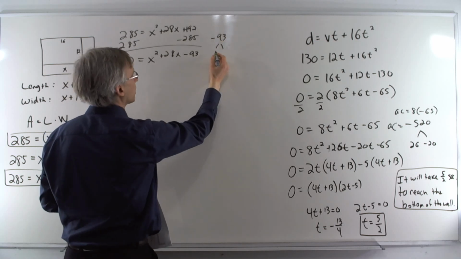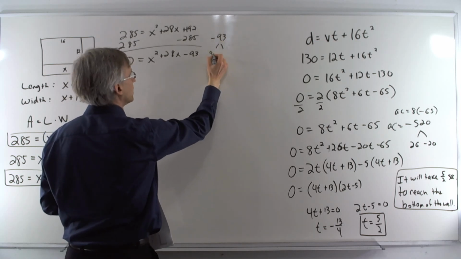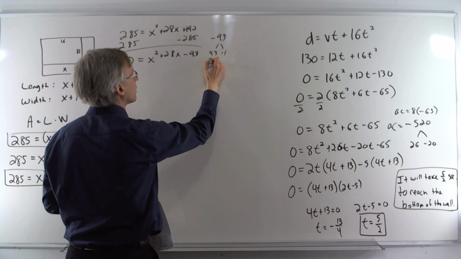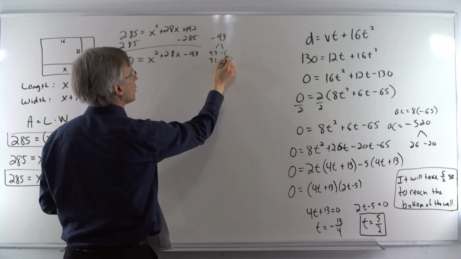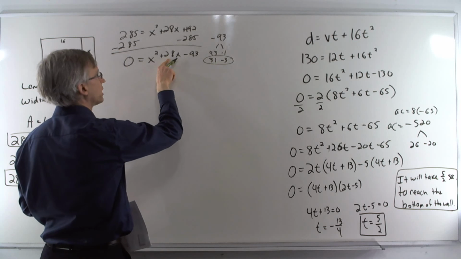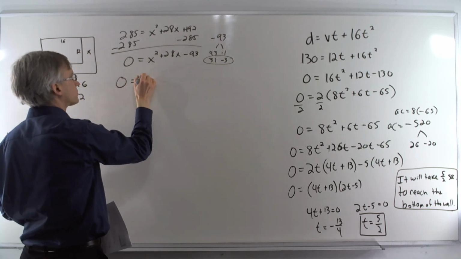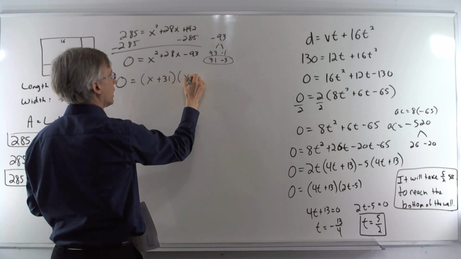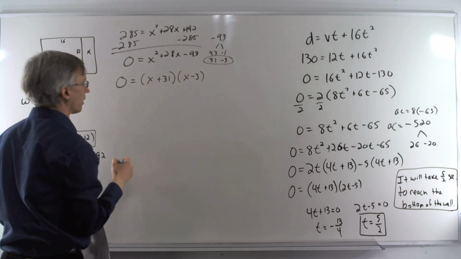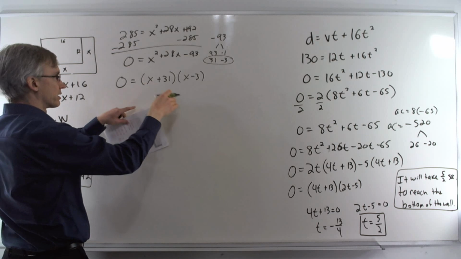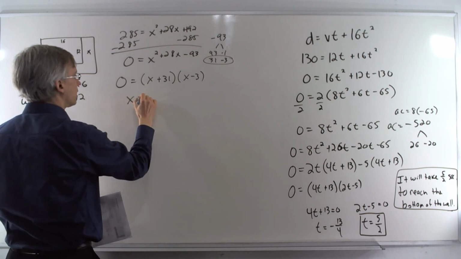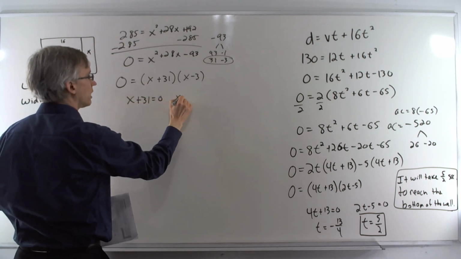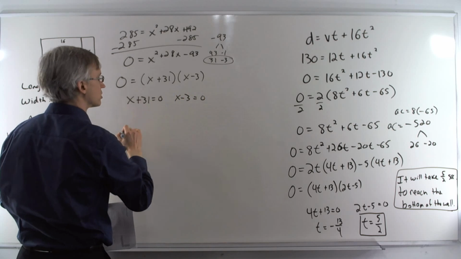So the factors of negative 93, we got, 93 and negative 1. We got 31 and negative 3. Well, if I add those two together, it's 28. So there we go. x plus 31, x minus 3. Now we use the principle of zero products, break this up into two separate equations. x plus 31 equals 0, x minus 3 equals 0.